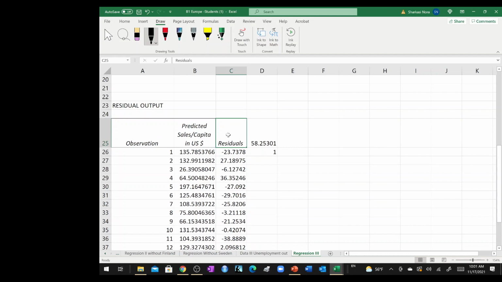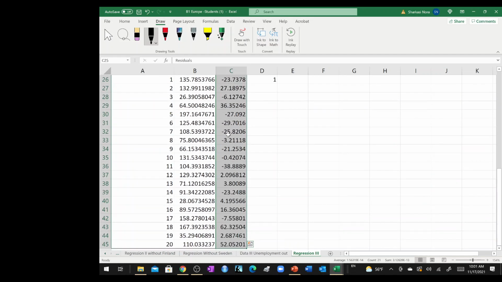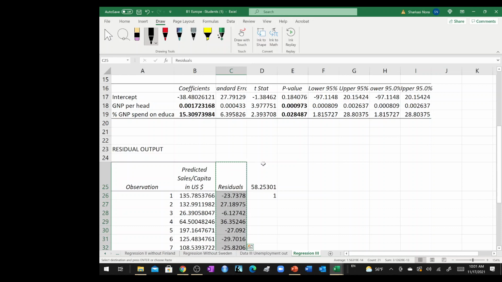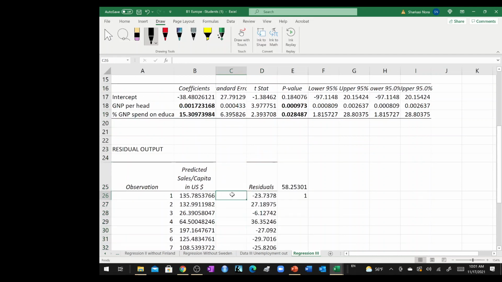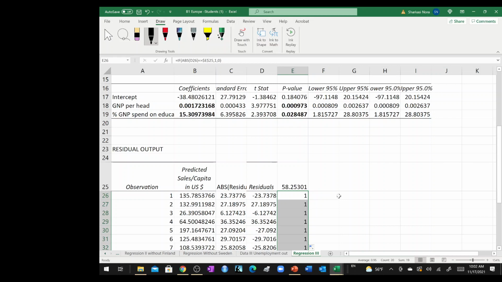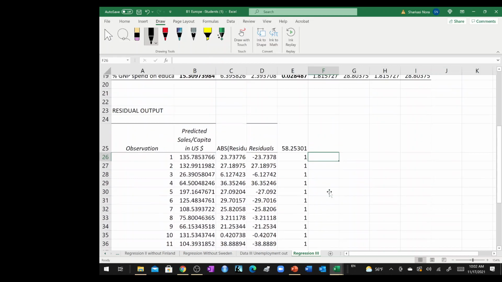So let's be consistent right now and take all this together and move it a little bit and put here the absolute residuals, because this will help us later when we do the homoskedasticity. In any case, you can keep this as is, and now you have only one value.